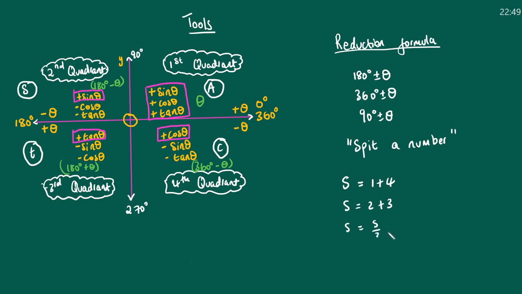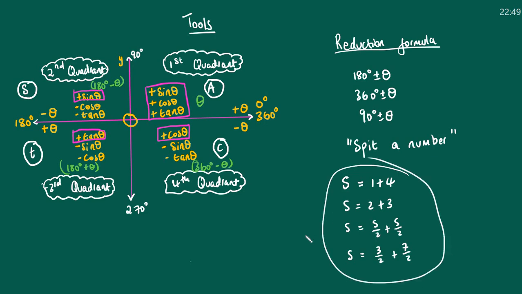5 over 2 plus 5 over 2. And then I can also write 5 as 3 over 2 plus 7 over 2. These are so many different ways of writing 5, isn't it?